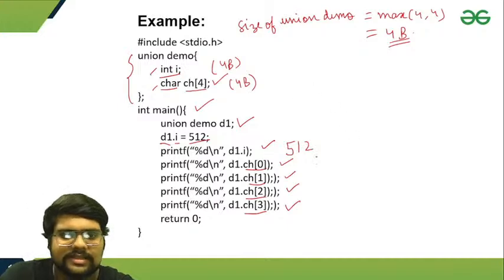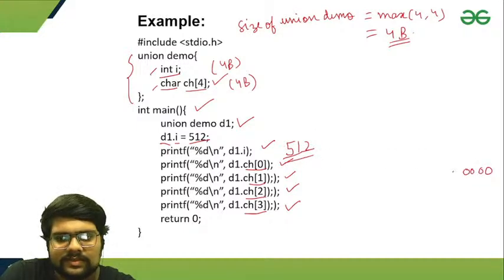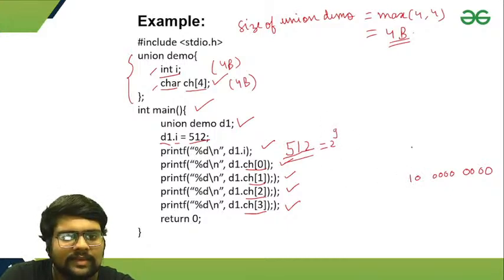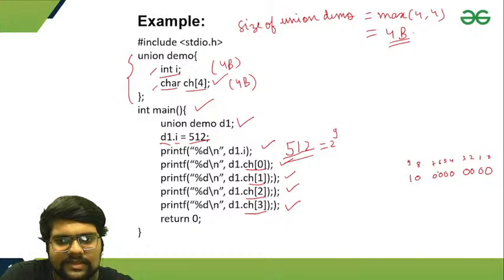Let's see. First let me represent 512 in binary form. 512 is 2 to the power 9. So if we number the bits 0, 1, 2, 3, 4, 5, 6, 7, 8, and 9, here it will be 1 and the others will be 0.